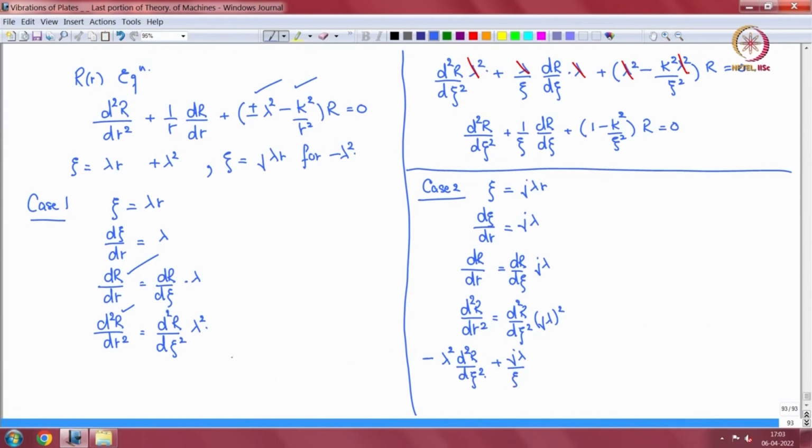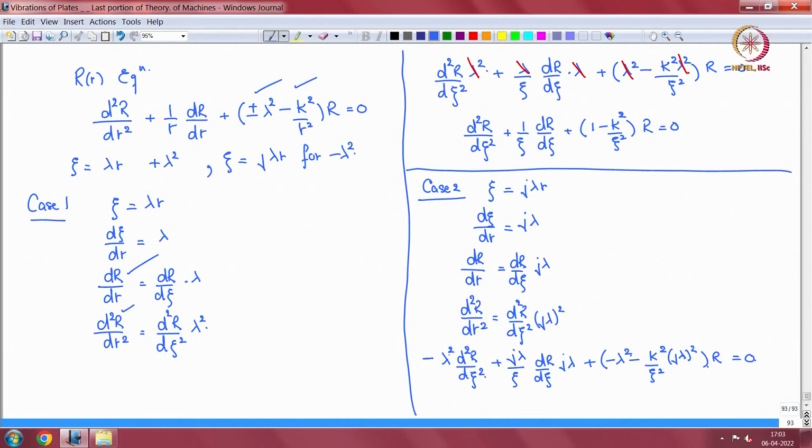Then dR by dr is dR by d xi j lambda, plus minus lambda square minus k square by r square, where r square is j lambda square by xi square, so that into R is equal to 0.